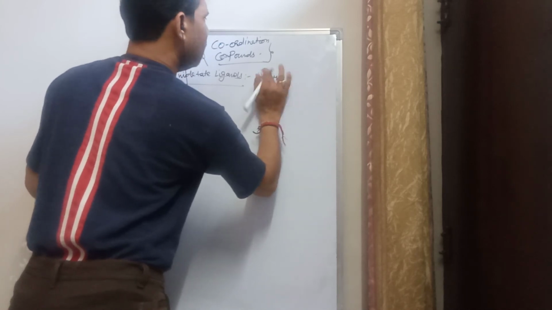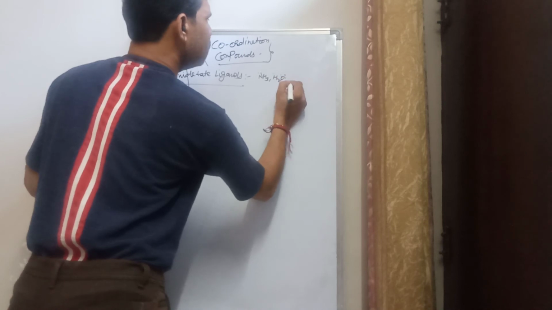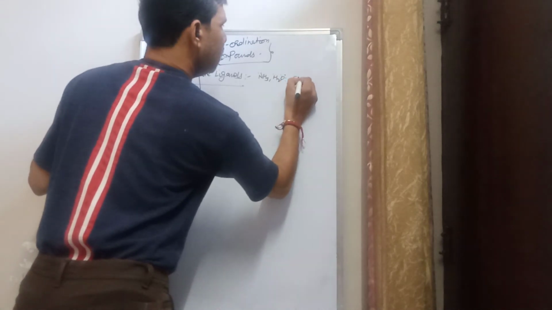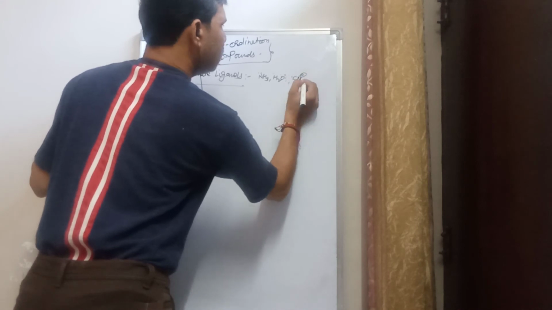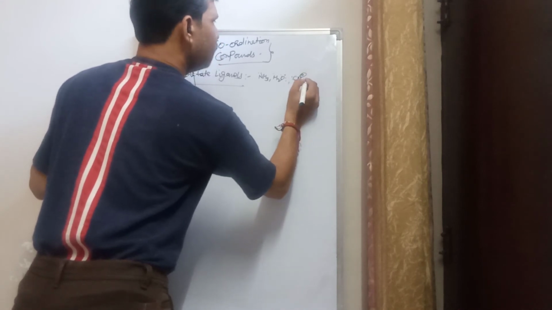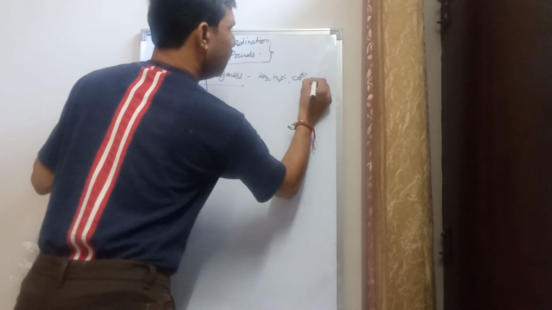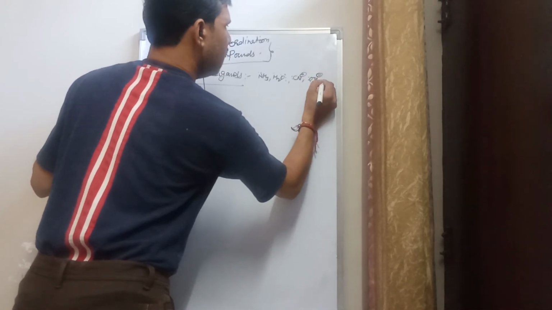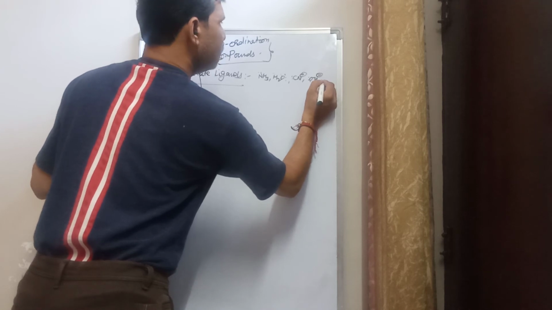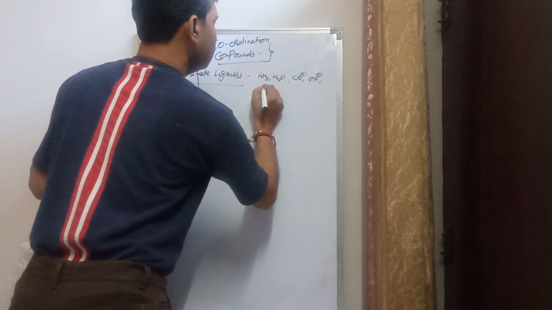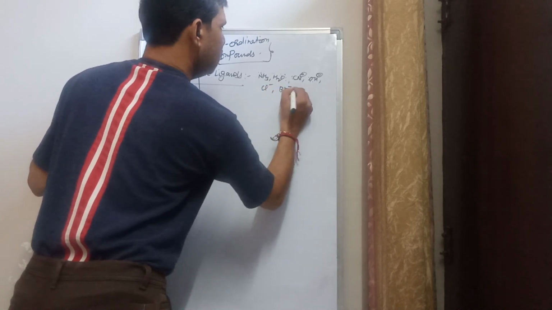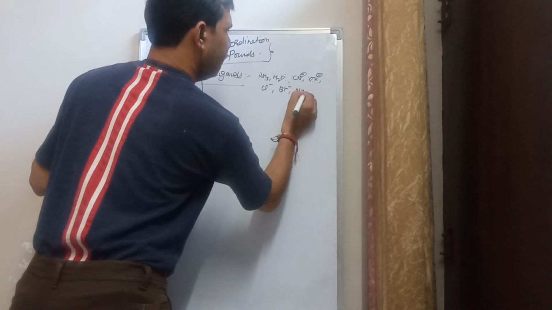These may be neutral molecules or anionic species: CN minus, in which the carbon has one ligating site; OH minus, in which the oxygen donates one electron pair to the central metal atom or cation; Cl minus, Br minus, NH2 minus, etc.